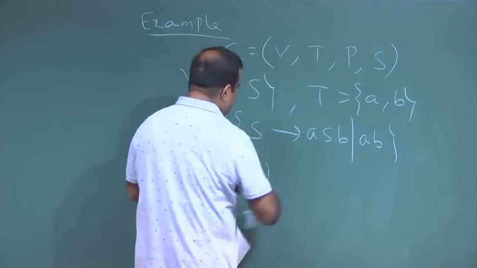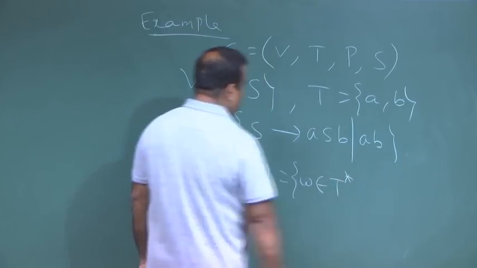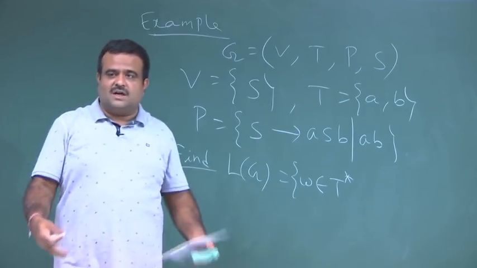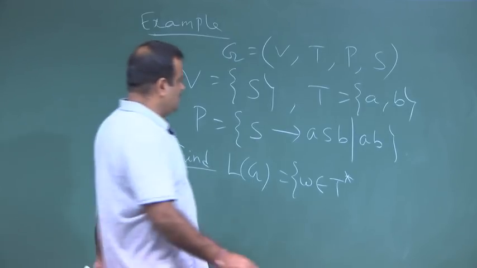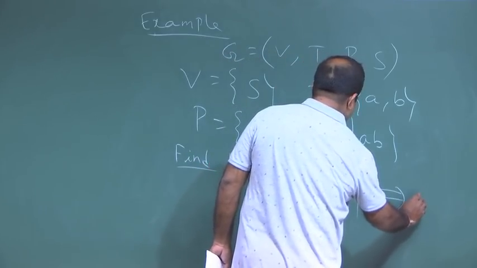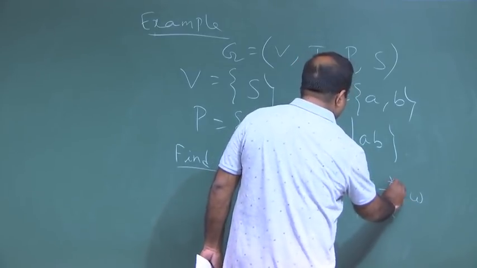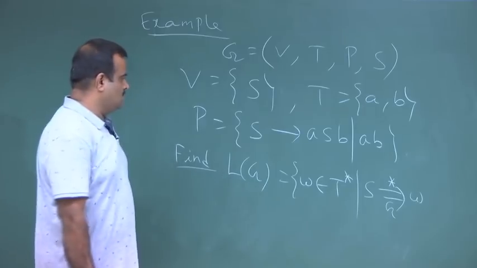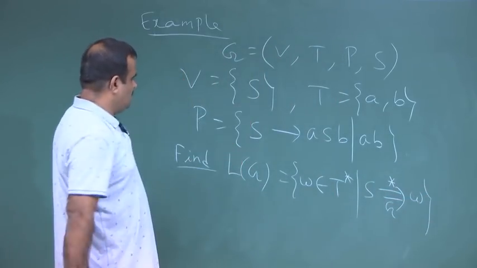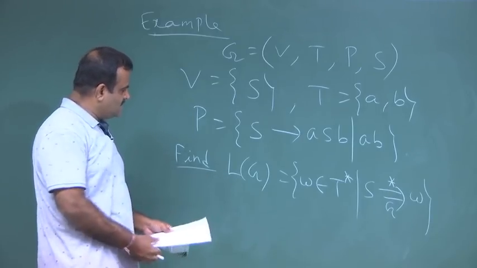L of G is the set of all strings of terminals, or alphabets, which are derivable from the starting variable S, that is, S is reachable to w under G with the derivation of the production rules P. So we have to find this set L of G.